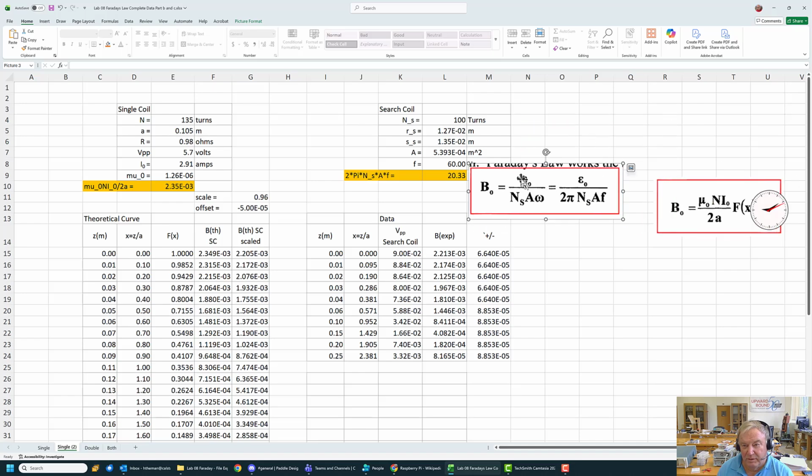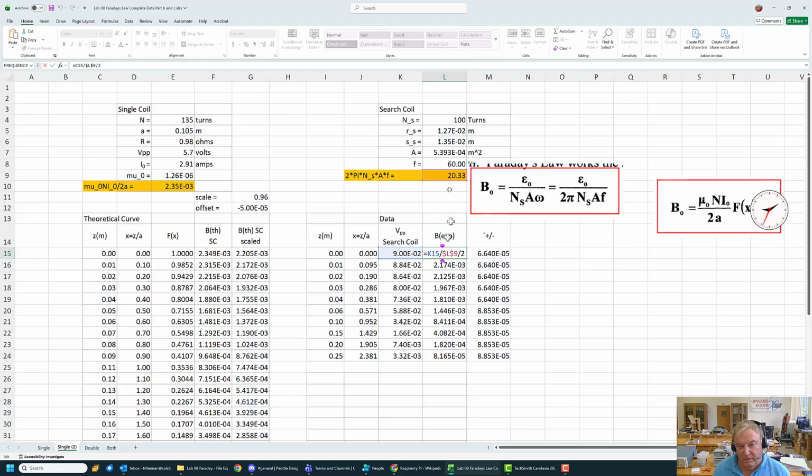Okay, so it's the VP, the amplitude. So we've got to divide by 2. There is K15, that's the V peak to peak. And this is a constant because all of these are constants. 2 pi n sub s, a, and f are all constant.